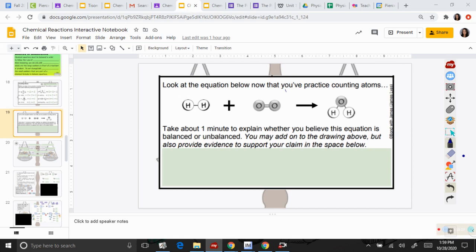I've got 1 and 2, and I've got 1 and 2. But I've got 1 and 2 oxygens here and only 1 here. So is it balanced?